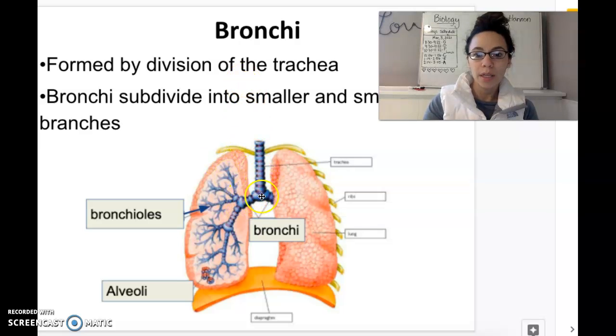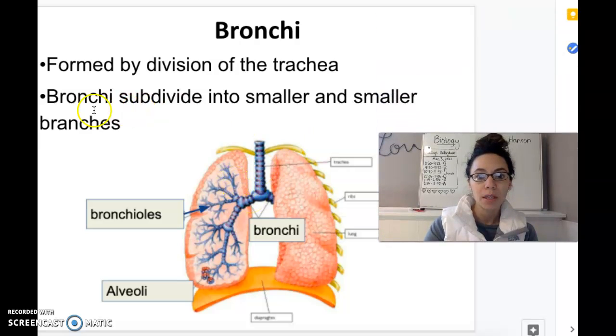So the bronchi are right here, these large branches. So once that trachea branches off into two, we call those bronchi or bronchus, singular. The bronchi are subdivided into smaller and smaller branches, just like a tree branch. As they get smaller, they're called bronchioles. So those tiny little tree branches are bronchioles.